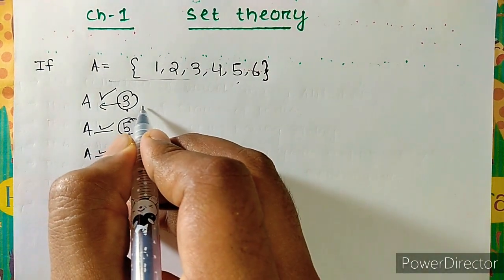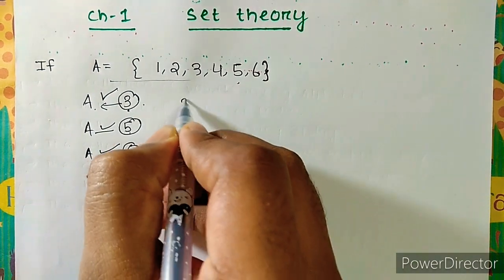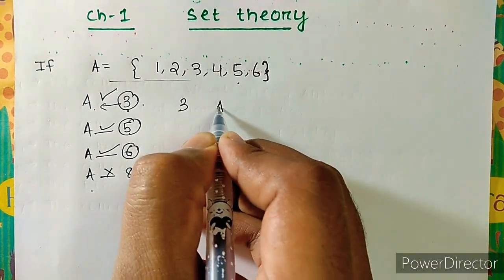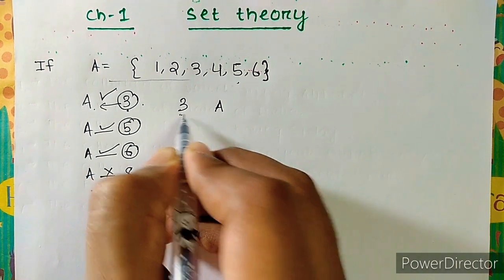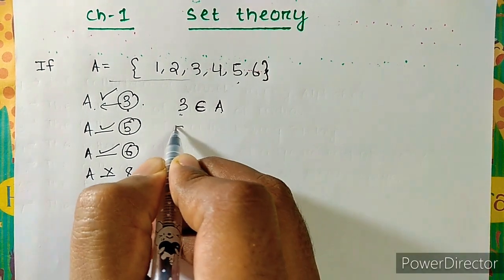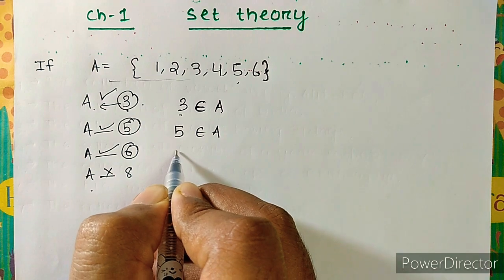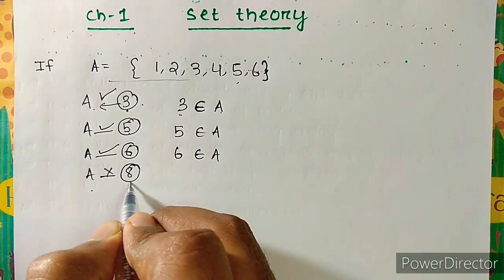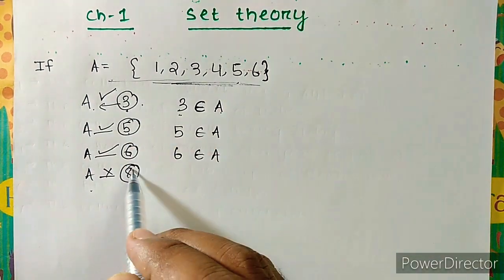So the element 3 is present in the set A, we can write that the element 3 is present in the set A, or we can say the element 3 belongs to A. Similarly, the element 5 belongs to set A. The element 6 belongs to A. But as the element 8 doesn't present in the set A, there is no element like 8.